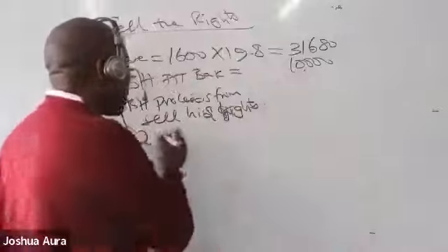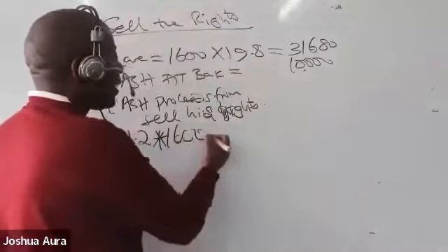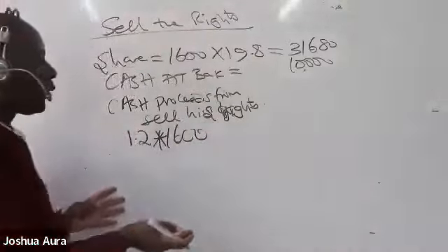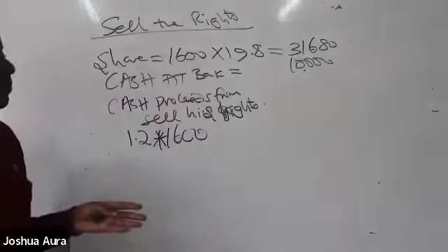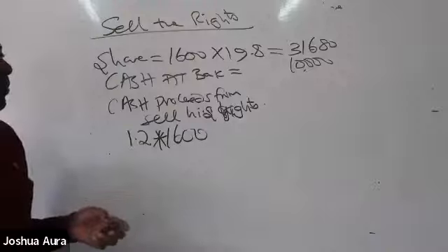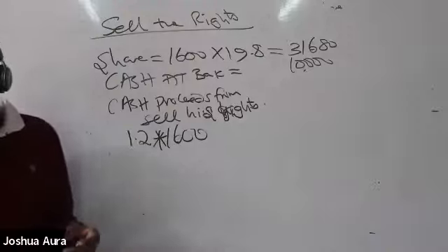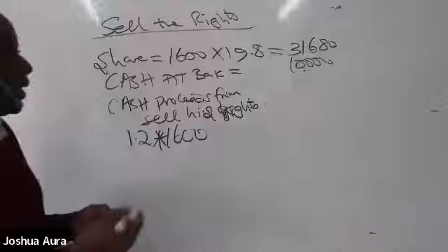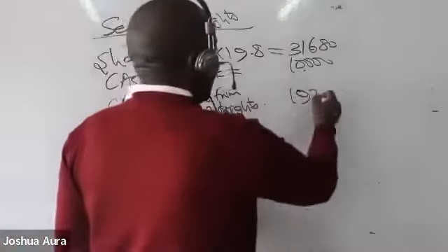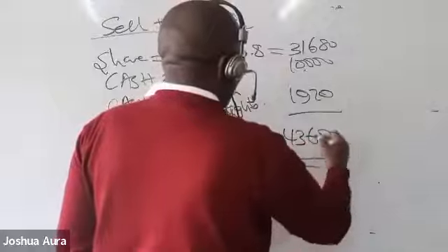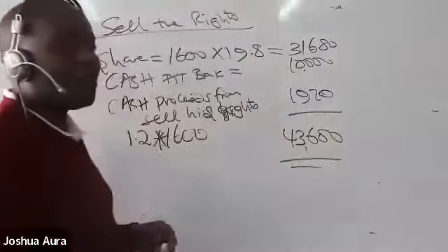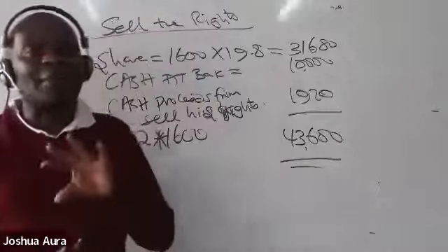So it will be 1.2 times the 1,600 that the guy has, which gives me 1,920. When you add here, you get 43,600. So does it make some sense?